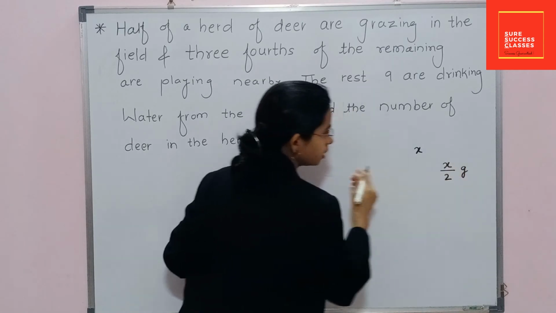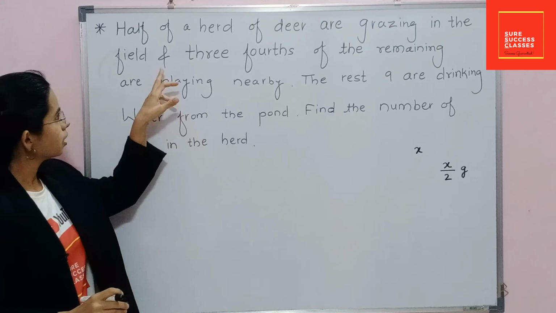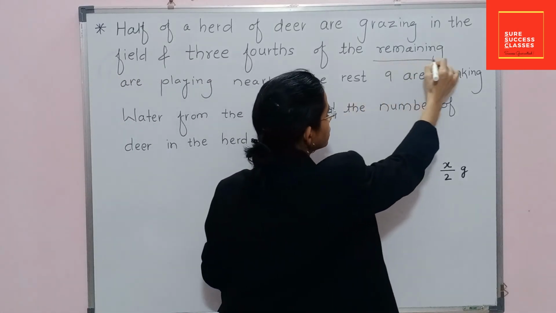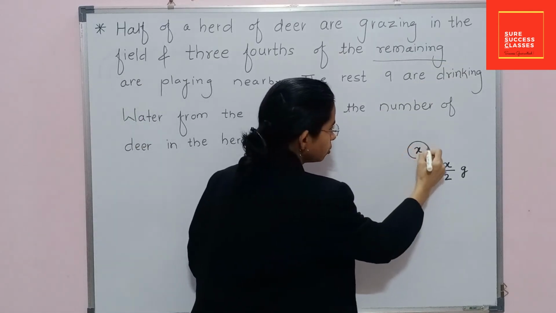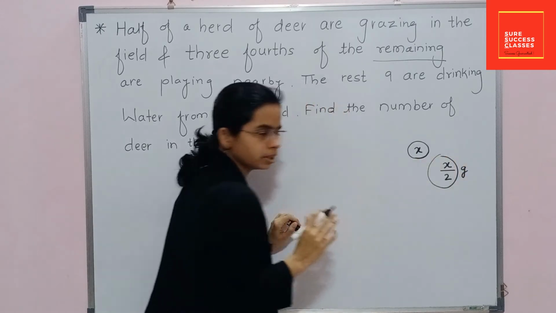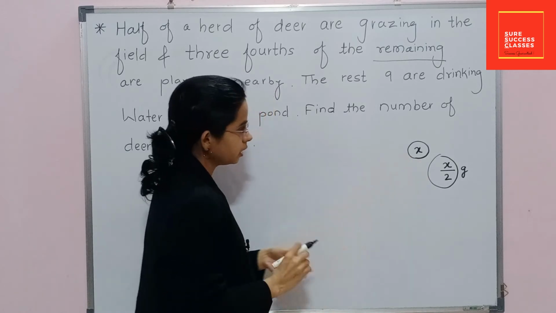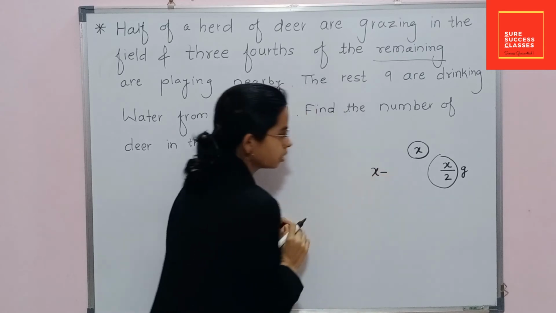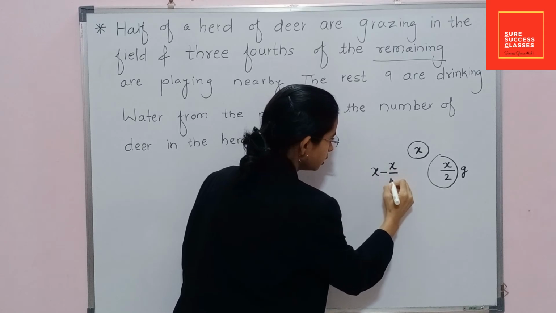To understand this question, what is given in this question: 3/4 of the remaining. This word means these are the total number of deer, and half are grazing, and the remaining are what, means here we have to subtract this x by 2 from total number of deer.